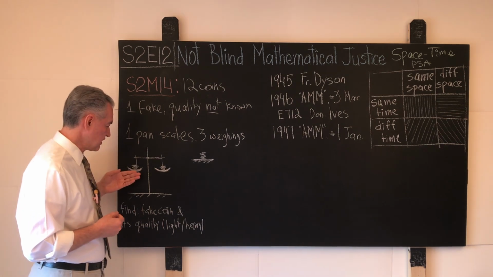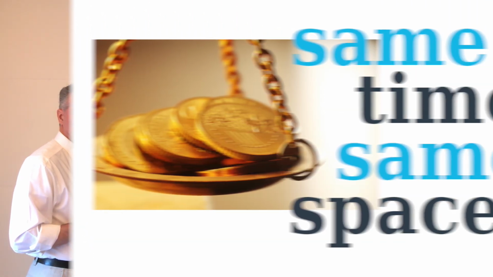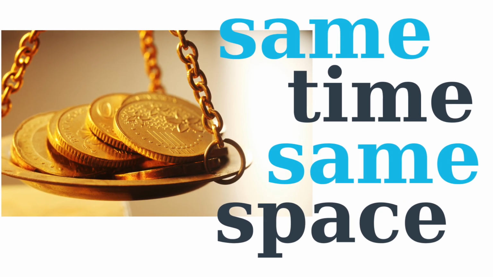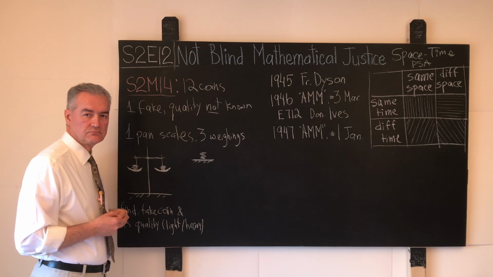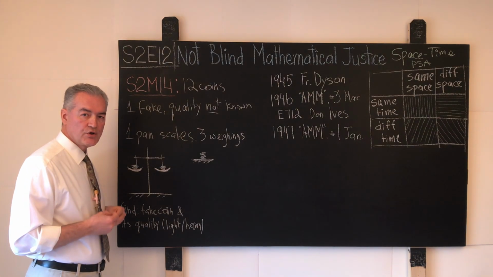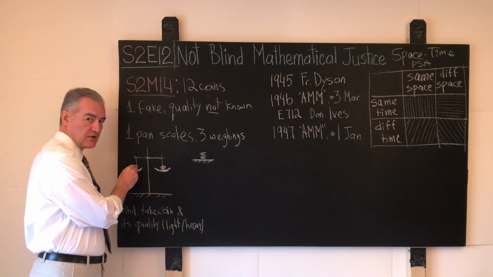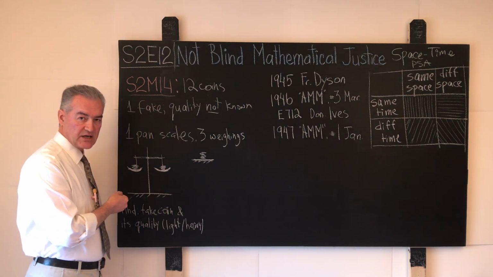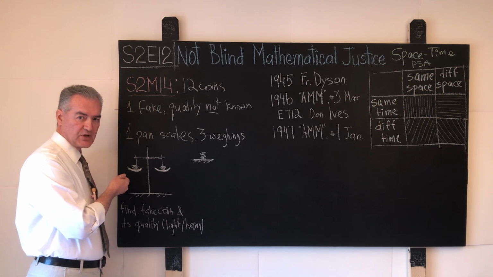We have precisely one pan. That is, all the coins that go onto, let's say, the left pan will be sitting on that pan at the same time, at the same space when the measurement is performed.